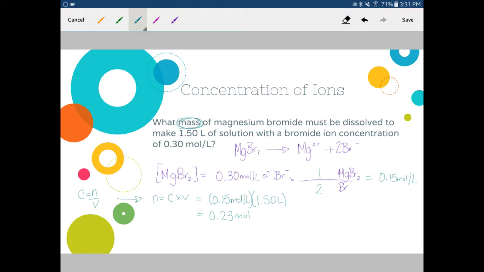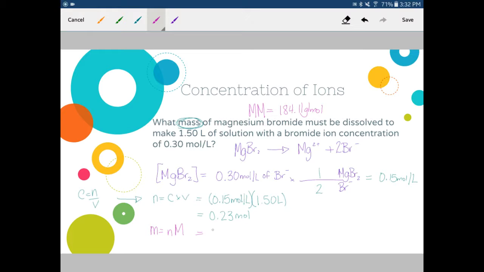So once I've solved for my moles, I can now solve for my mass. Let's do this in pink. My mass is equal to my moles times my molar mass. And again, I'm going to give you the molar mass of magnesium bromide. I need to add up my magnesium and 2 bromides, and my molar mass is equal to 184.11 grams per mole. Again, I'm giving you that just to save some time.